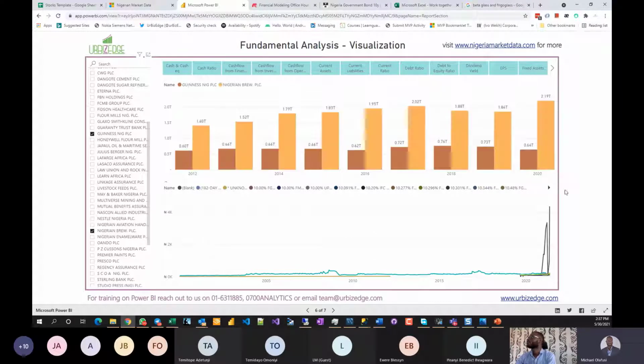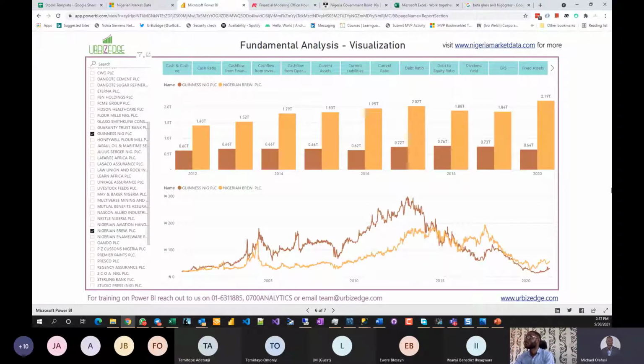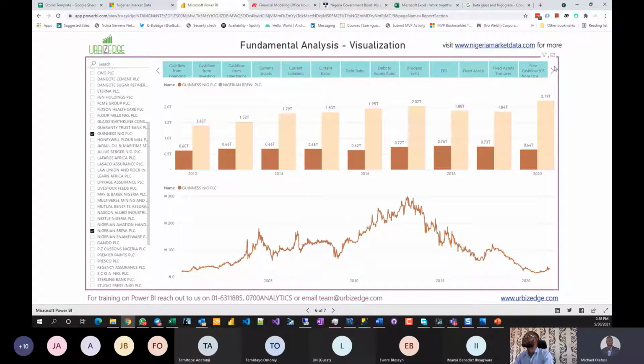So I want to compare the two and see which I should buy into. Nigerian Breweries is in the lighter shade of color. I'm not good with color, so I don't know what color these are. Let me start with revenue.